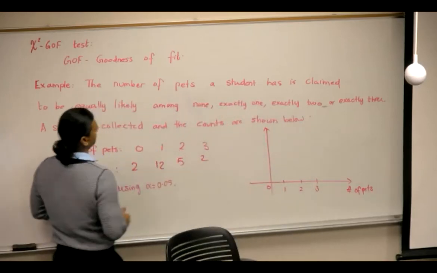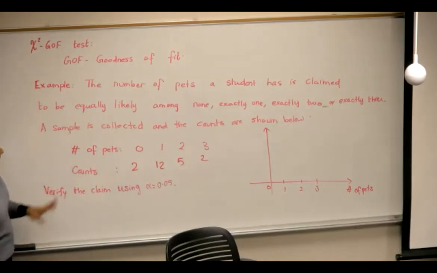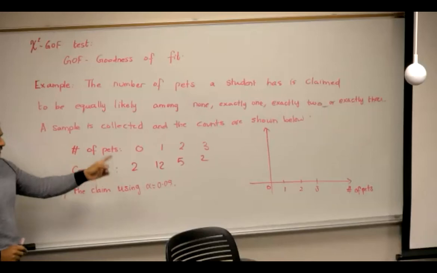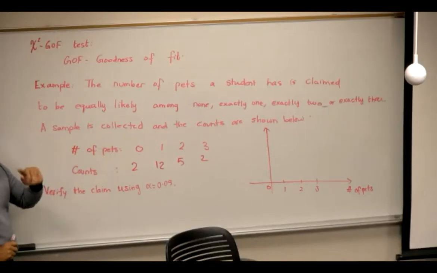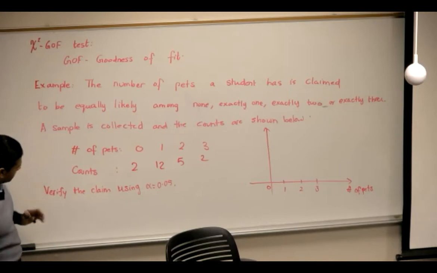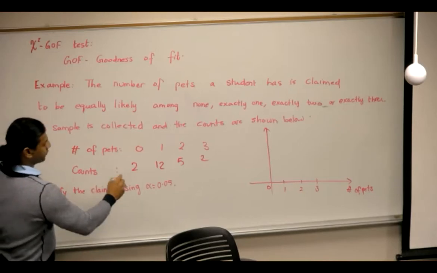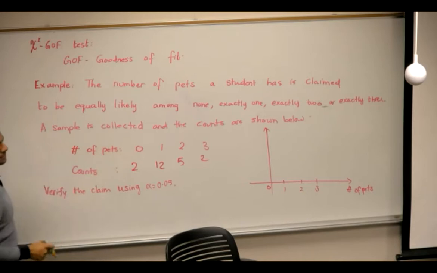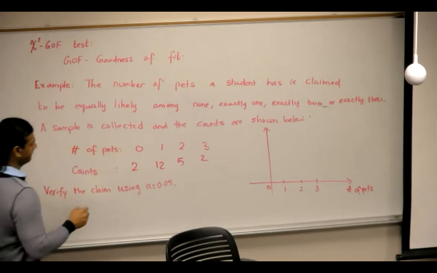In total I have 19 students, so approximately equally likely would be 5, 5, 5, 5. I would want a fourth of the total sample size that I have, which is 19.